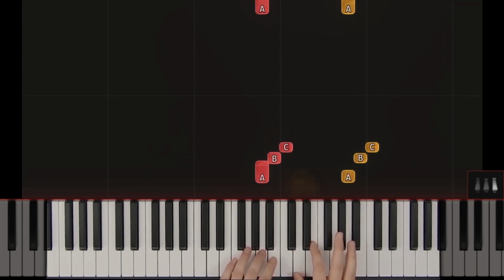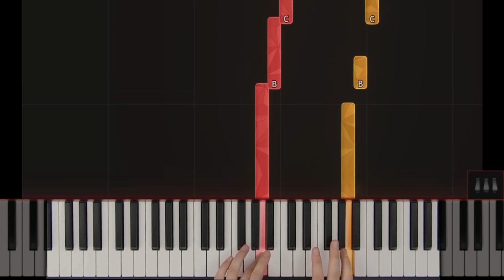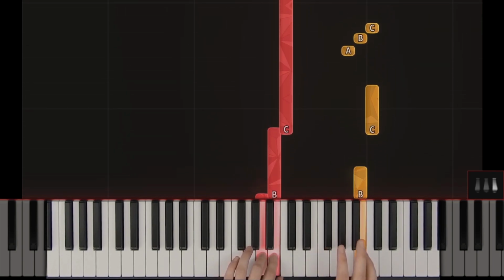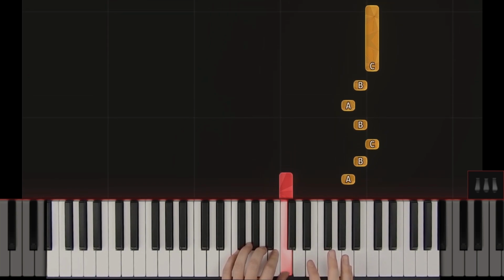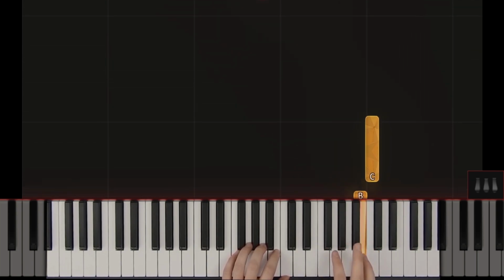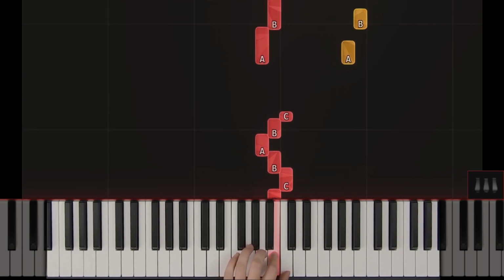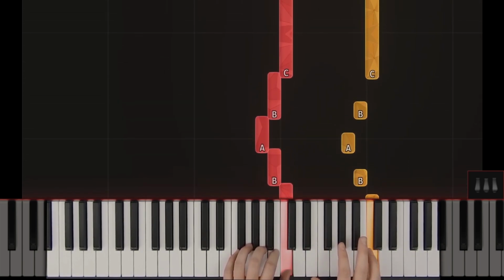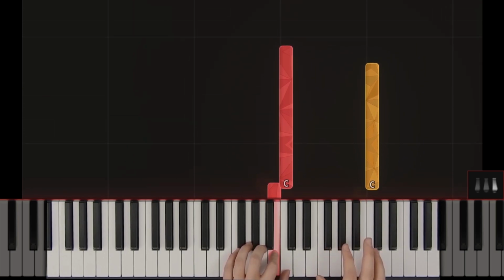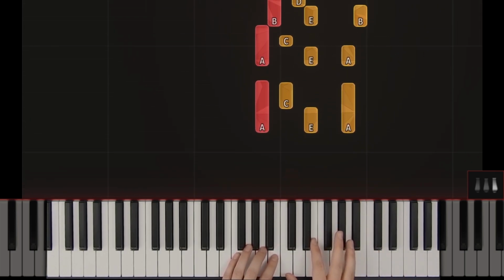So the thing to know here is we have a melody going, so we'll just have a look at the melody first. It's this, same thing, going up to C. Notice that it's all fives in the right hand. Pinky, pinky, pinky, pinky, pinky, pinky, pinky. And the left hand is 3, 2, 1, 2, 3, 2, 1. Like that. Pretty straightforward.